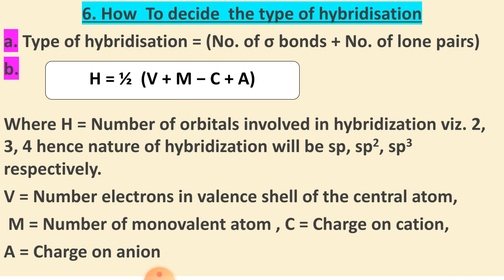So you get 5 plus 6 plus 1, 12, divided by 2, that is 6. So the hybridization of PCl6 minus is sp3d2. Like this you can calculate the hybridization of so many molecules given to you. So this is also useful in this chapter.